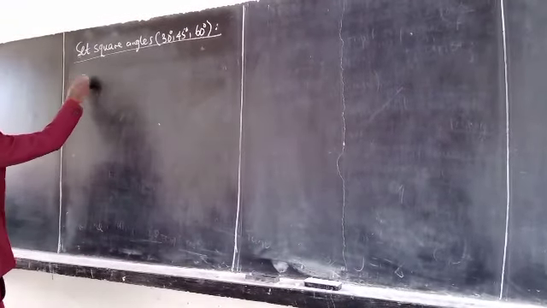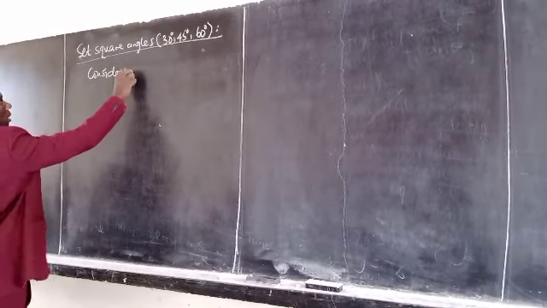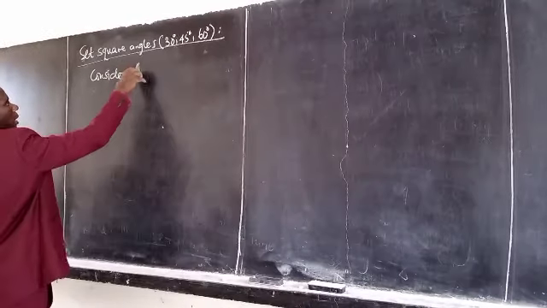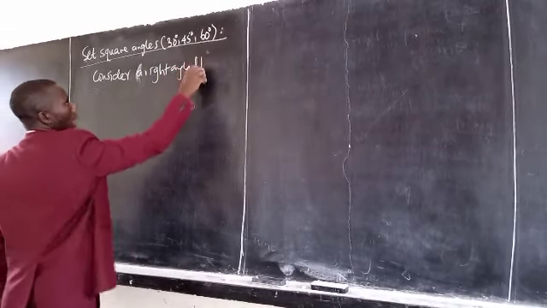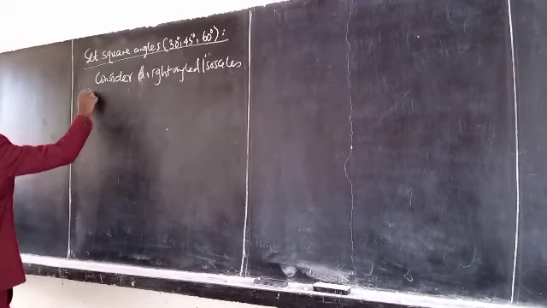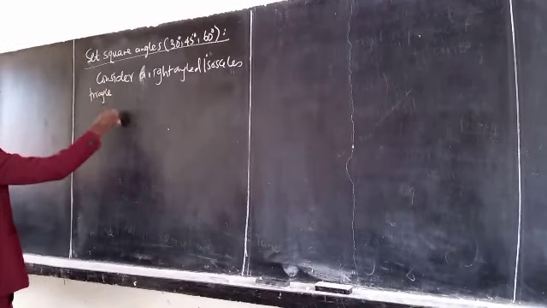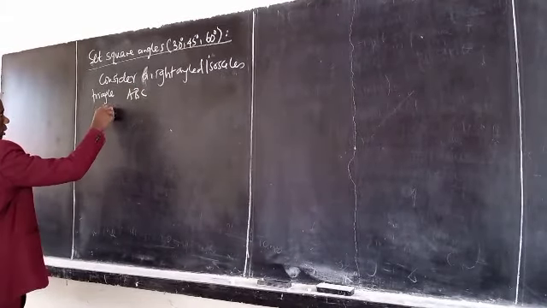Consider a right-angled isosceles triangle ABC. This is our triangle.